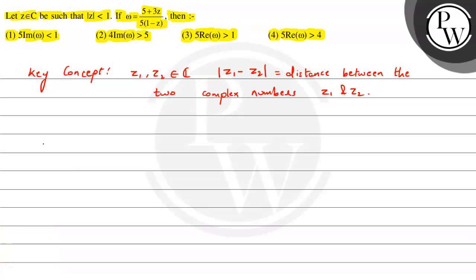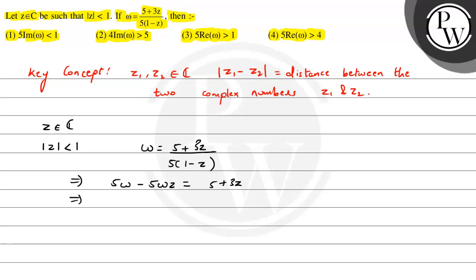In the question, we have a complex number z such that modulus of z is less than 1. And further we also have a complex number omega which is equal to (5 plus 3 times z) divided by 5 times (1 minus z). Let's now write z in terms of omega. So we have 5 times omega minus 5 times omega times z equals 5 plus 3 times z.